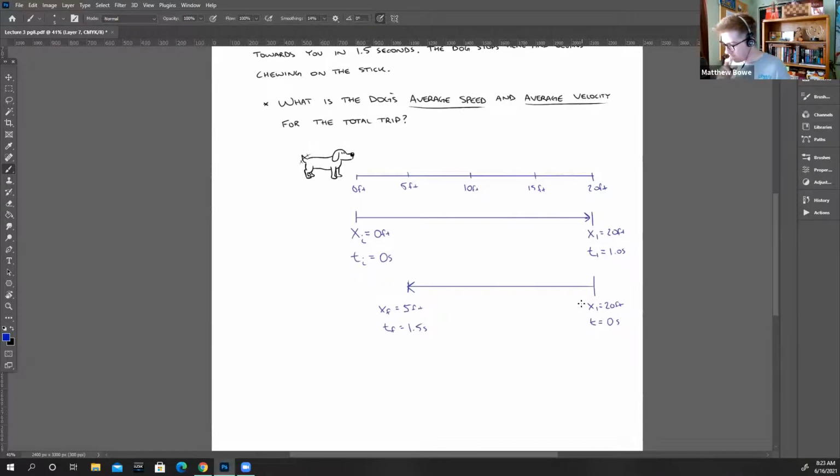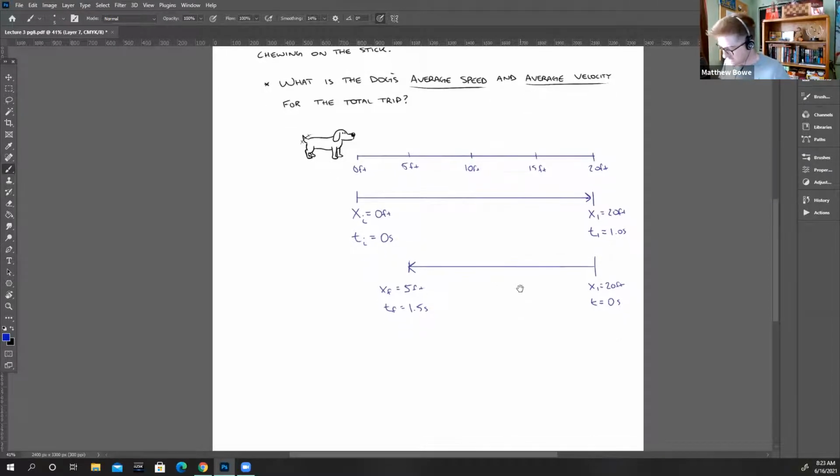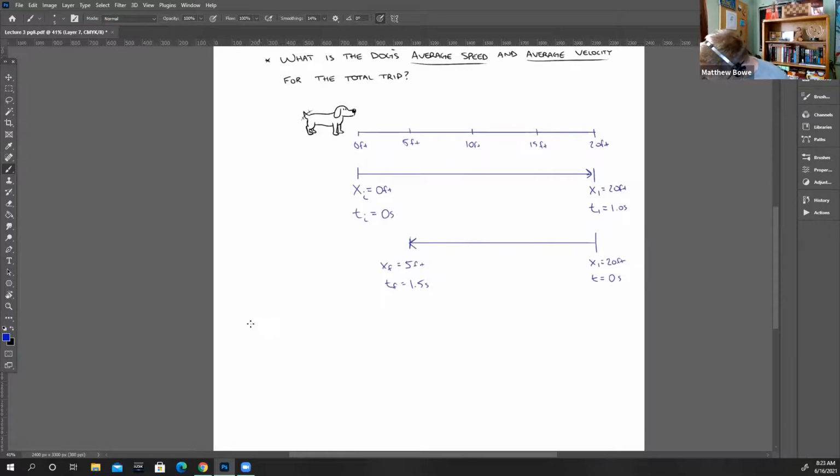All right. So we have all these values that we're given, and we can just sort of place them in the equations that I've listed before. Let me write out just average speed. That's one thing we want to find. Average speed. The equation for this was total distance over change in time.